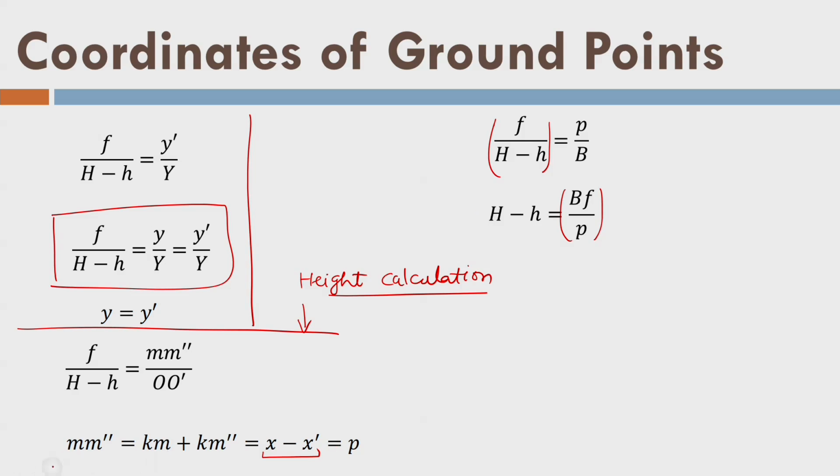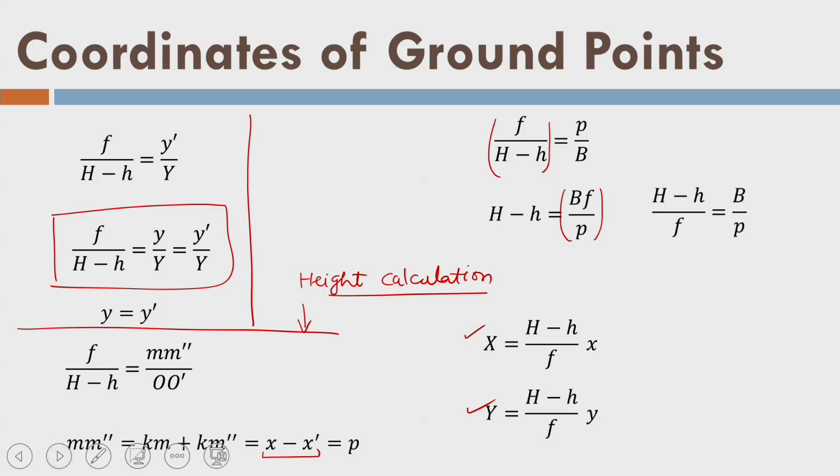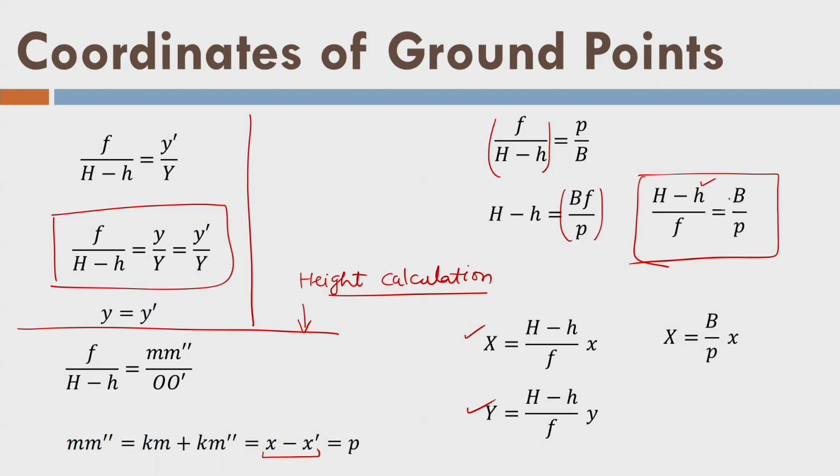So I got this expression, that means this is my x and y planimetric coordinates, and here I can say this is my height information h, and I can also write it this way. Using this information now I am writing this. You can see here, this I am replicating here, so B by P here.